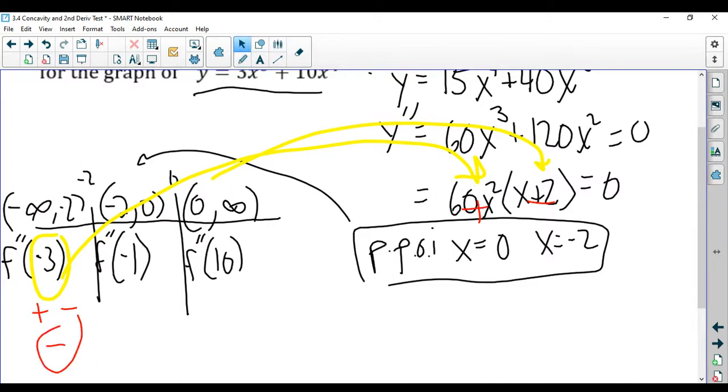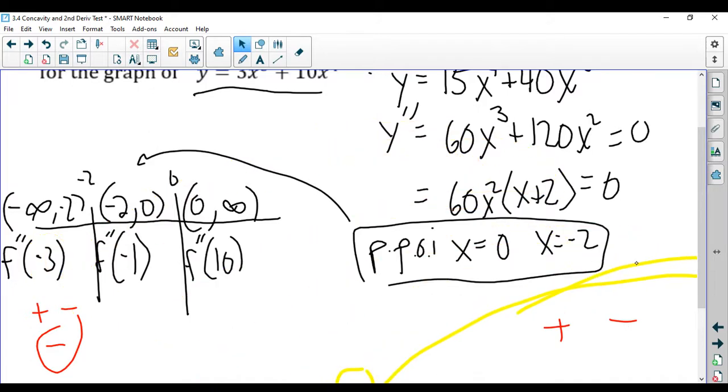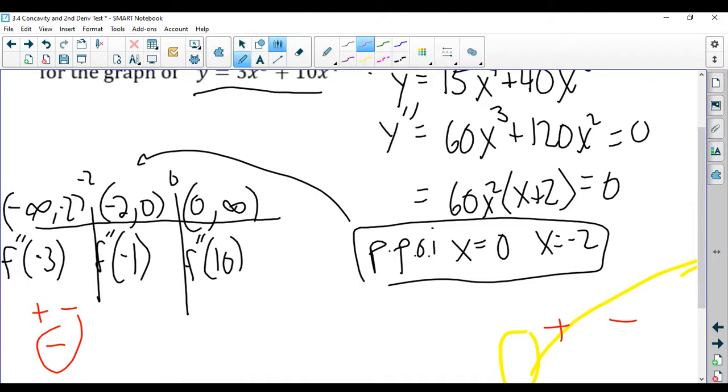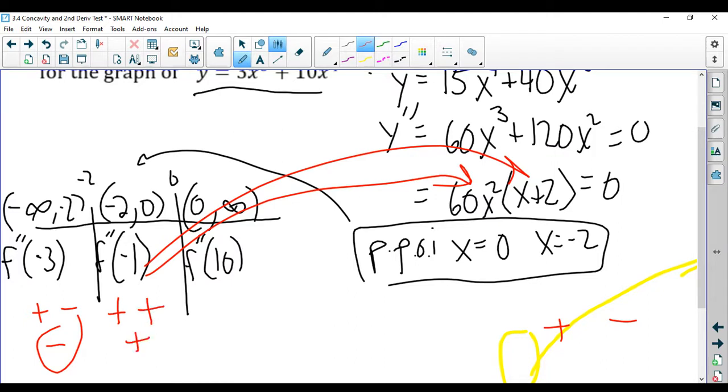And I'm going to do the same thing now with the other two intervals. If I plug in -1 into this second derivative, you'll get a positive times -1 plus 2, which is positive. So positive times a positive is positive. And finally, when you plug in 10, you obviously get a positive times a positive, which is positive.